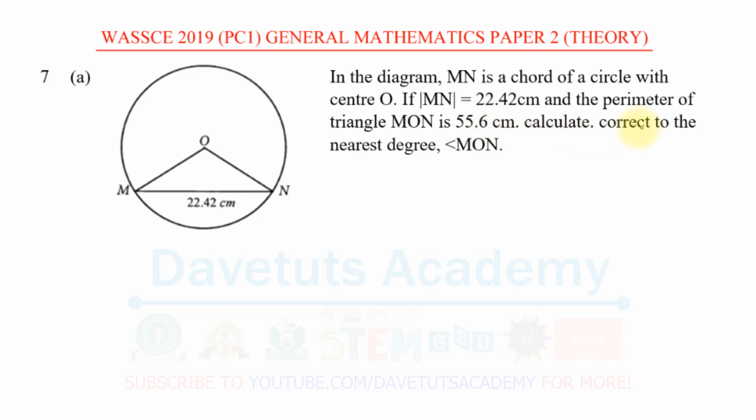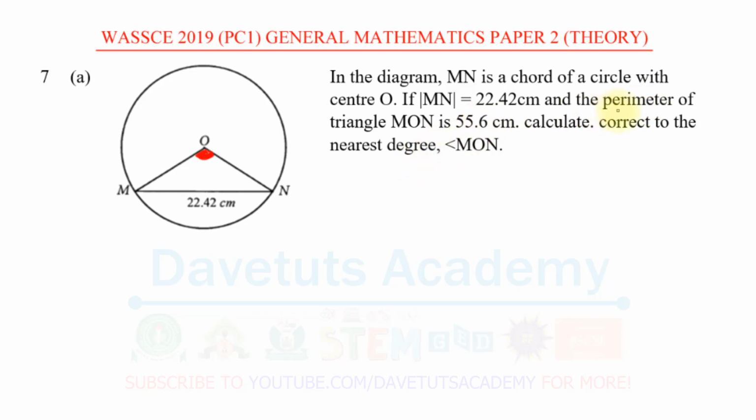We have to calculate correct to the nearest degree angle MON. So what we are asked to find is this angle here, this angle MON that we are asked to find.